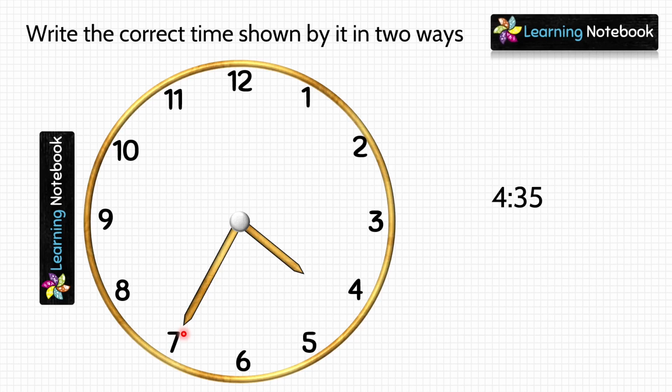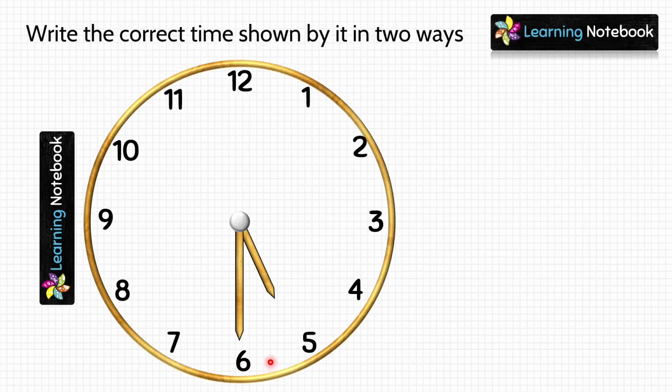So one way to read this time is 4:35. Now how many minutes are left to the next hour 5? 25 minutes are left. So we can say time is 25 minutes to 5.